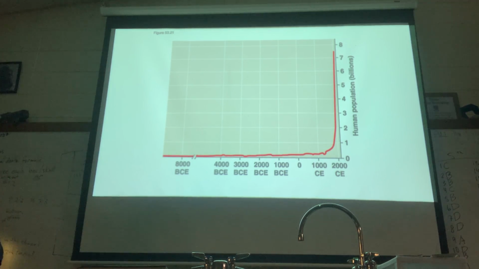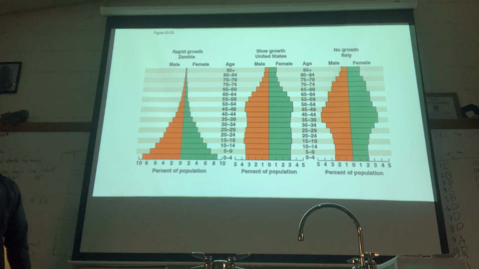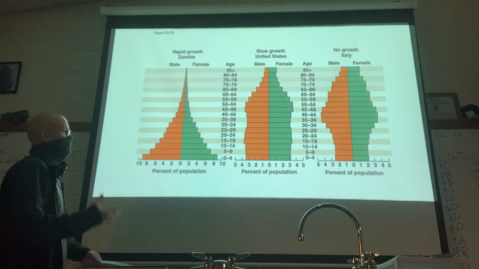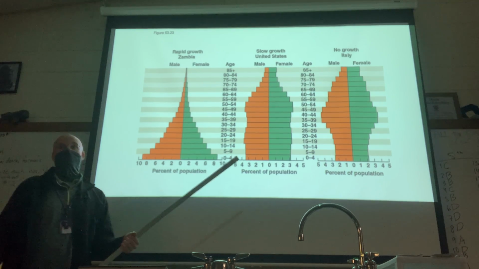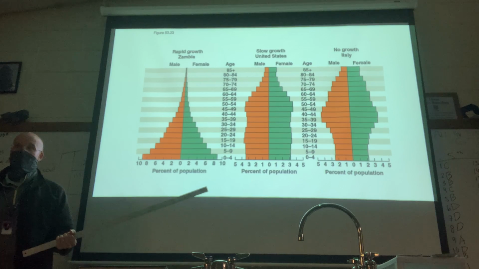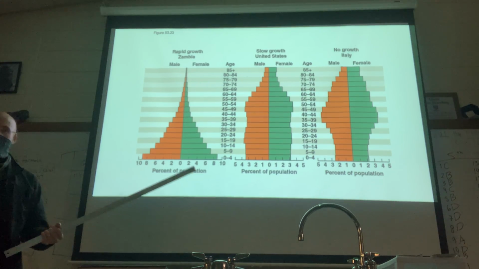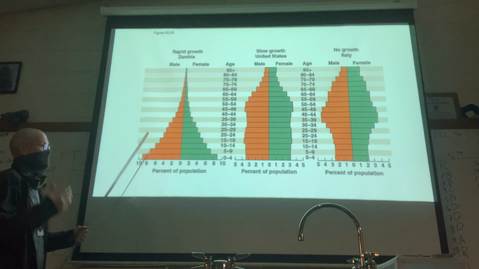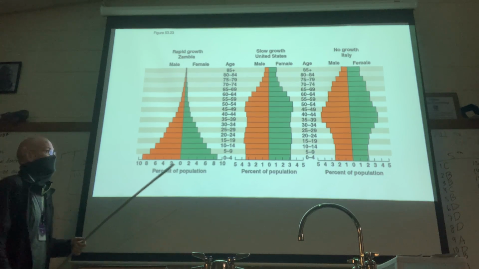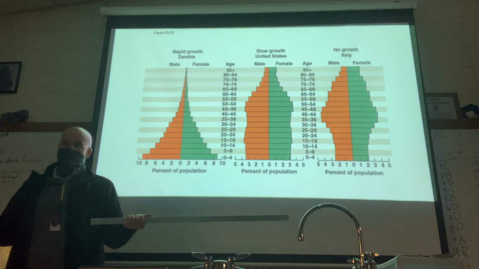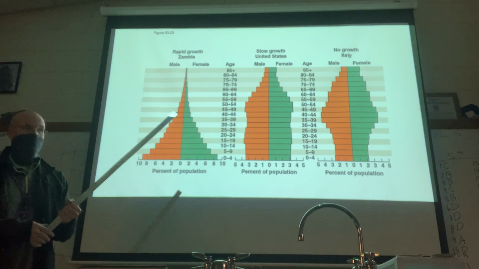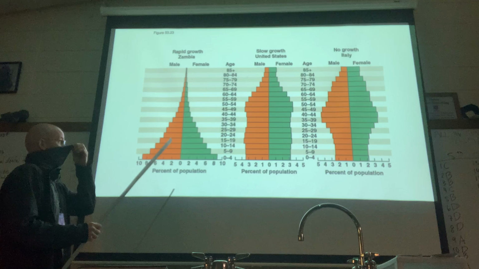The last thing, I have 2 slides, but this is the last one that's related to actual AP material. These are age structure charts for 3 different countries. And I'm not sure what year, but this is into the 21st century. Being able to read these charts is something you'll want to be able to do going into the AP exam.